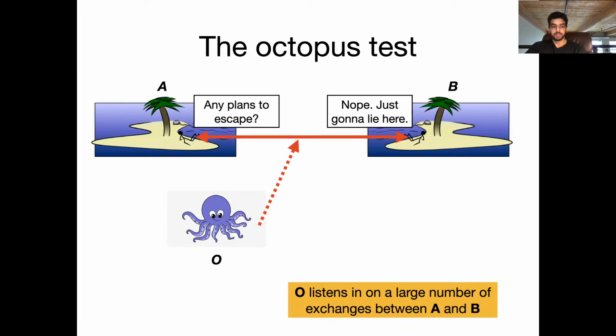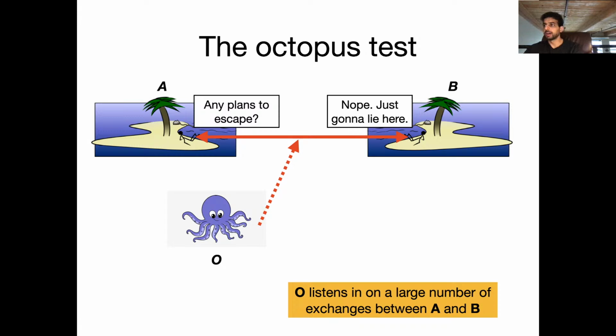So then there's an octopus in the ocean who finds this cable and discovers that he's able to listen in on these conversations. So this octopus O listens to several hundreds or thousands or millions or billions of different conversational turns between A and B. And so eventually O, the octopus, is able to form a pretty good language model, right?